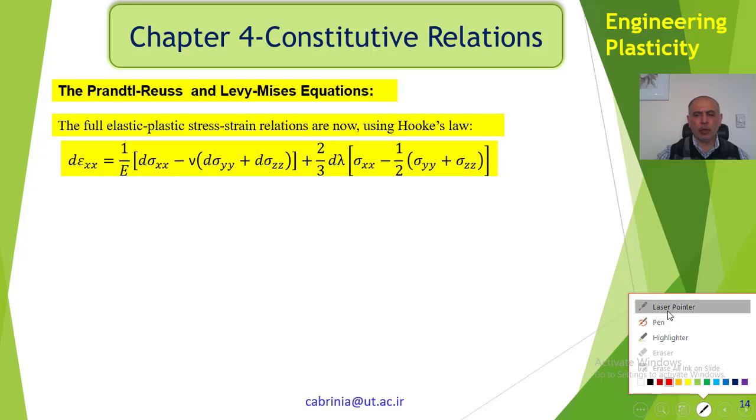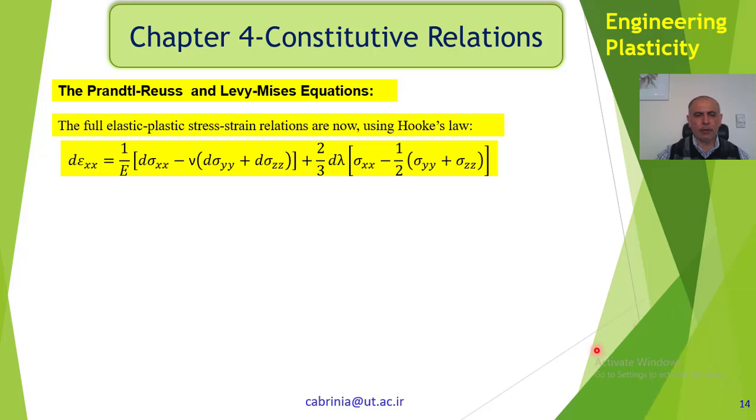In this part we obtained earlier the elastic components of strains and the relationship between strains and stress, and then we obtained the relationship for the plastic behavior between incremental strain and the stresses.